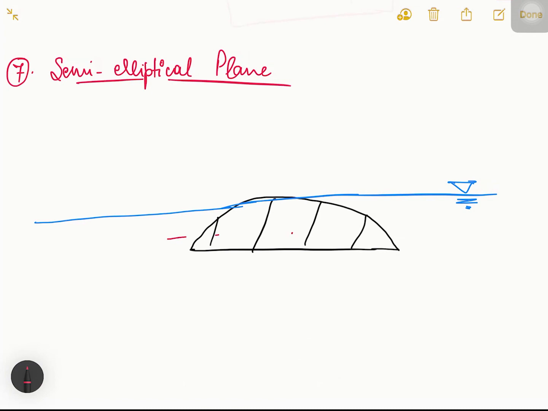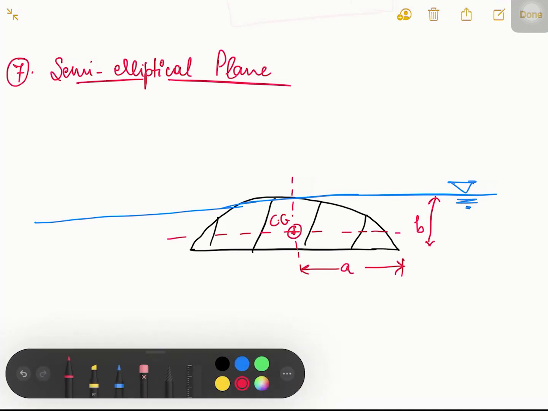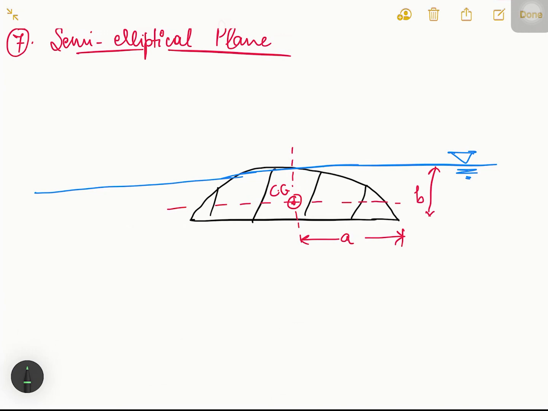Somewhere here your center of gravity will be lying. So the dimensions remain the same, and we can find out the various different values associated.